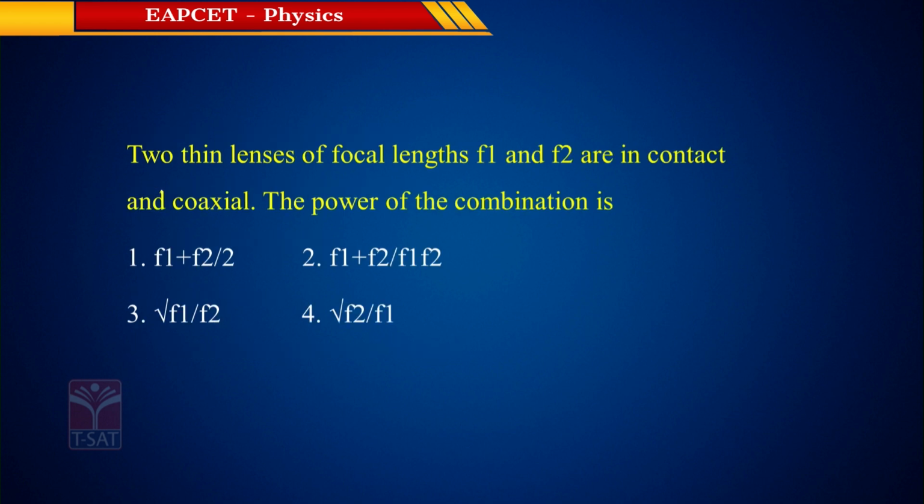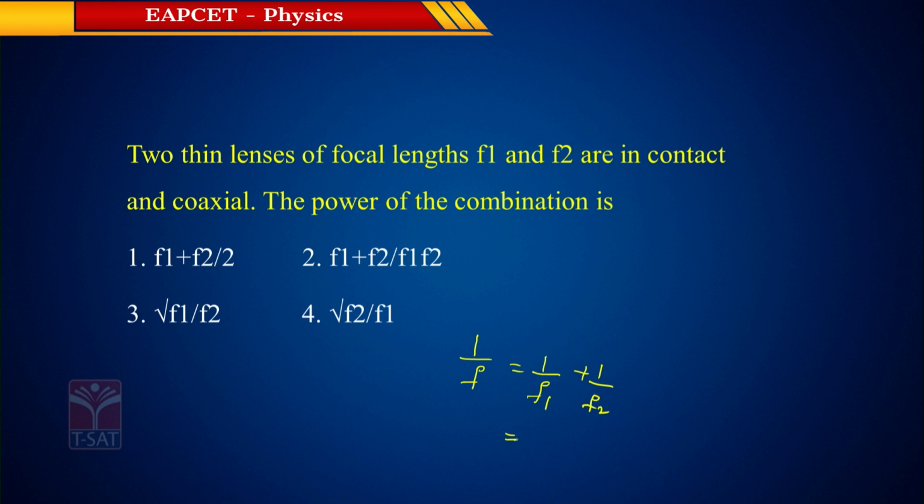And next, two thin lenses of focal length F1 and F2 are in contact coaxial, and what is the power of the combination? Formula you know, children, 1 by F is equal to 1 by F1 plus 1 by F2.